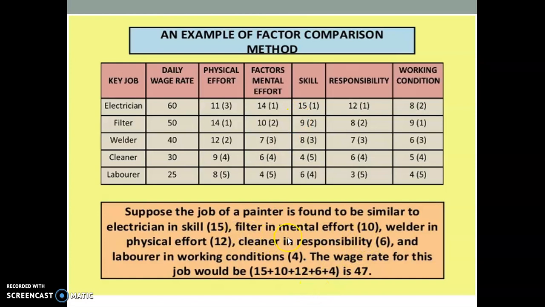Similarly, we have the fitter in mental effort, where mental effort is 10. Then the cleaner in responsibilities, responsibilities being 6. Then the welder in physical effort, which is 12, and then the laborer under working condition, being 4.